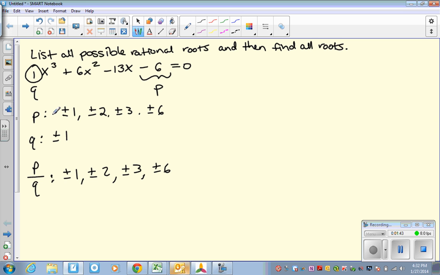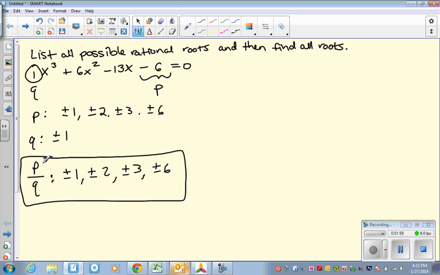So if you notice, it's just the same list that we have here. Now, if another possibility for Q was like 2, then we would have to do 1 over 2, 2 over 2, 3 over 2, 6 over 2, but we don't have that. So these are the only possible rational roots.